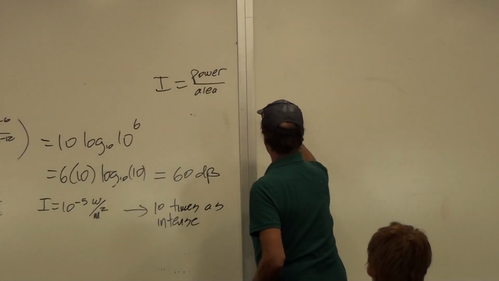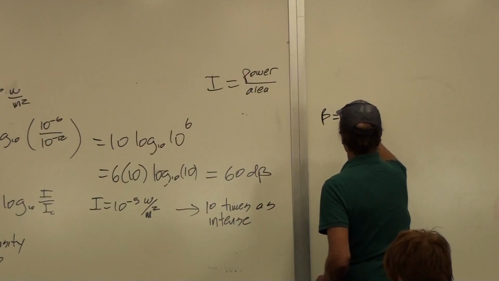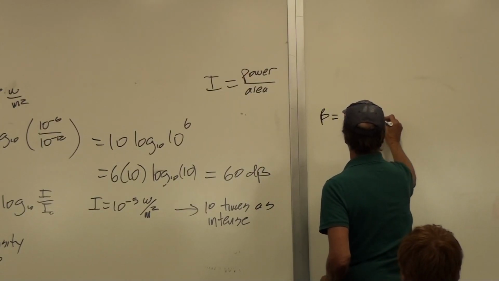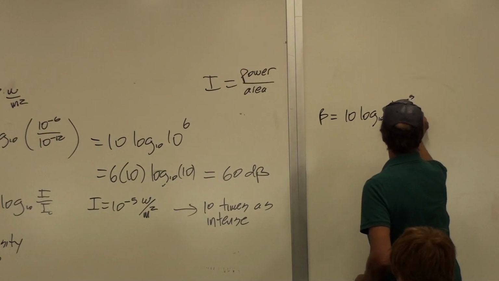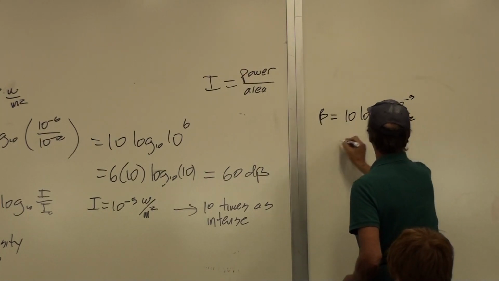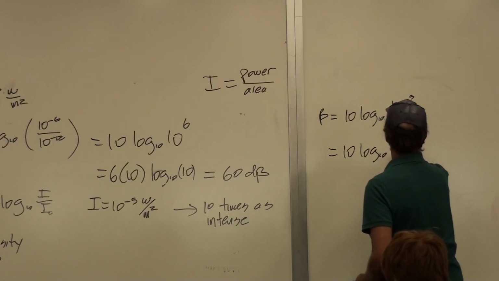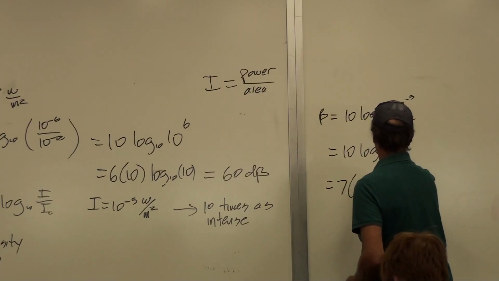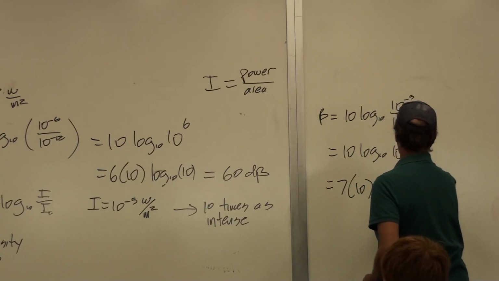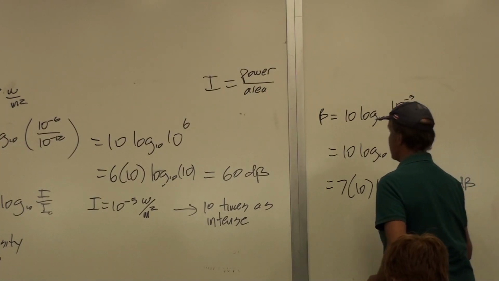well, again, here is beta equals 10 times the base 10 logarithm of 10 to the negative 5 over 10 to the minus 12. So that would be 10 times the base 10 log 10 to the 7. That'd be 7 times 10 times the base 10 logarithm of 10, or 70 dB.